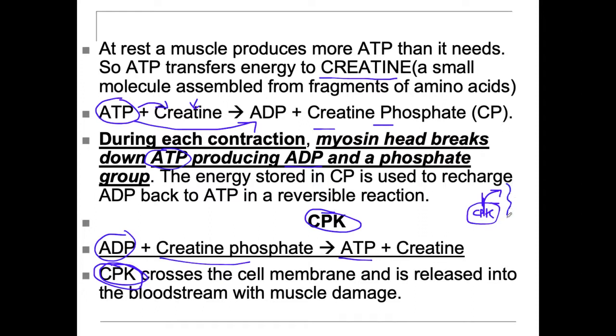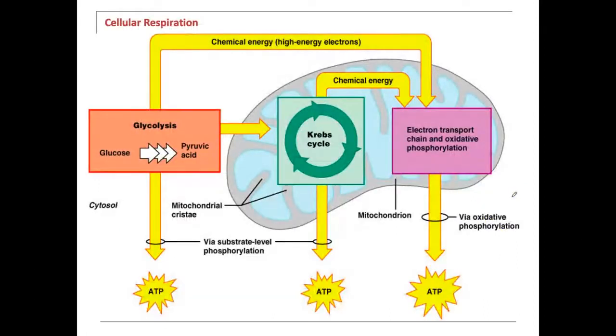When it leaks out and it goes into your blood vessels, and the amount of CPK in your arteries goes up, your doctors are going to go, I think I'm having a heart attack. Your heart cells are dying. We have too much of this enzyme leaching into the blood. Okay? Or the person is exercising really super hard, high intensity training. They damaged a lot of their muscles. That's a possibility too. So a good case history needs to be taken.